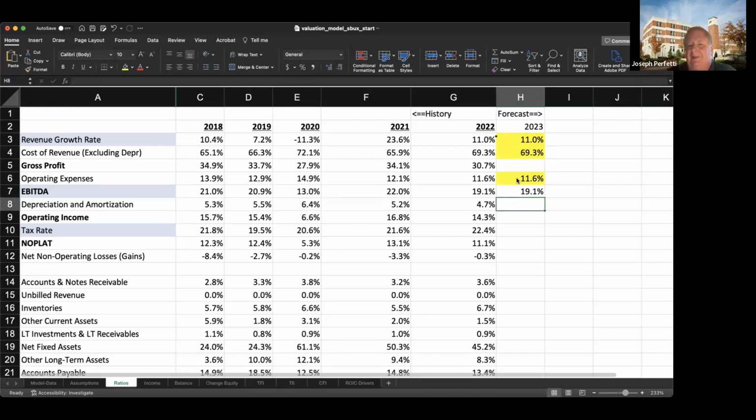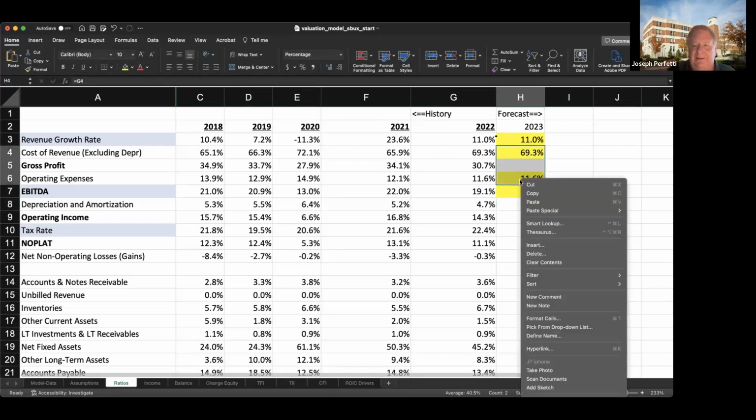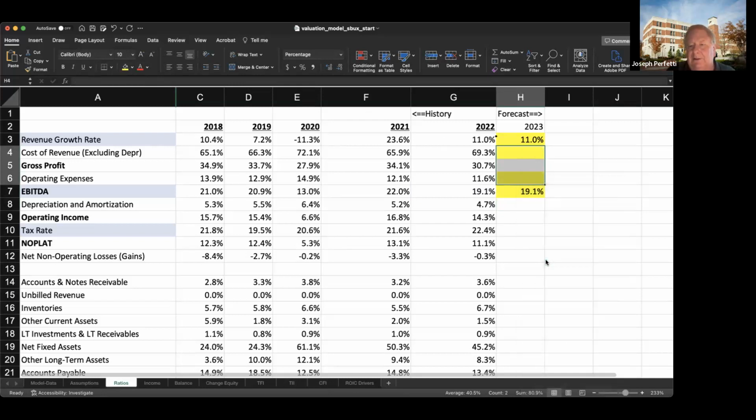But we're going to cheat. And here's what I mean by that. The model doesn't care about cost of revenue and operating expenses. What the model really cares about is your forecast for your EBITDA. That's the cash flow from your income statement. That's the one that matters. So we are going to forecast EBITDA directly, equal to the previous year, and we're not going to forecast those two individual items, for simplicity, to make things a little bit easier.